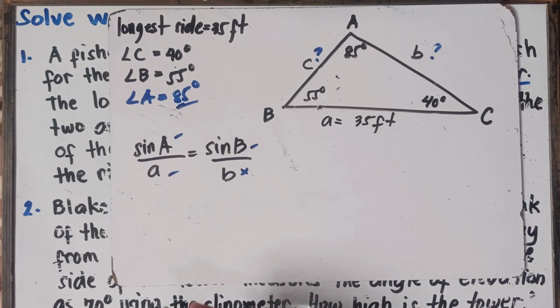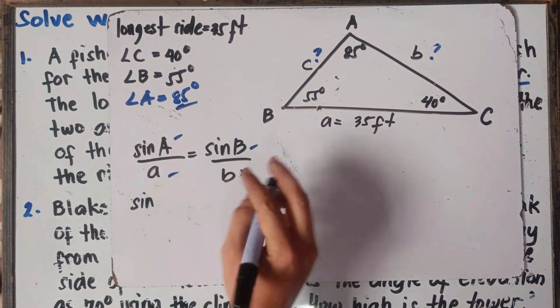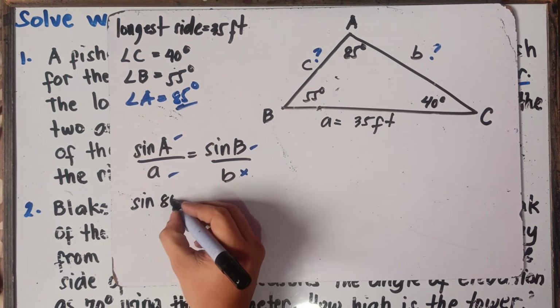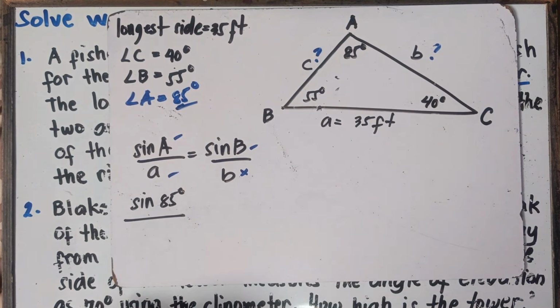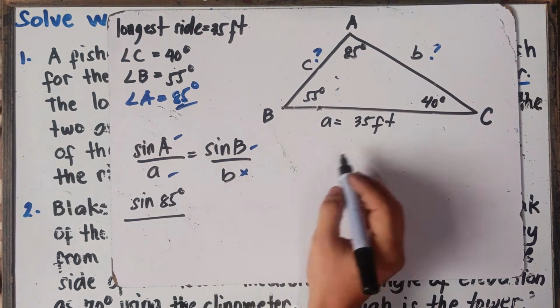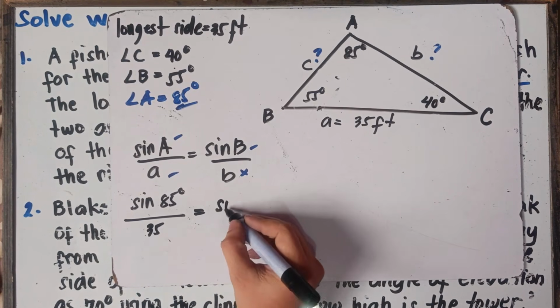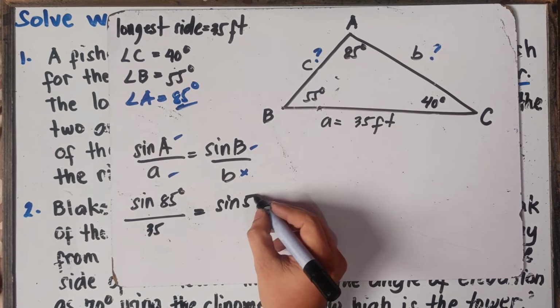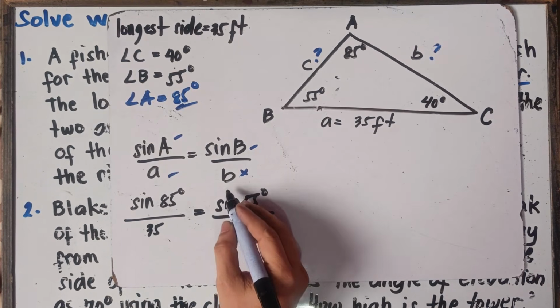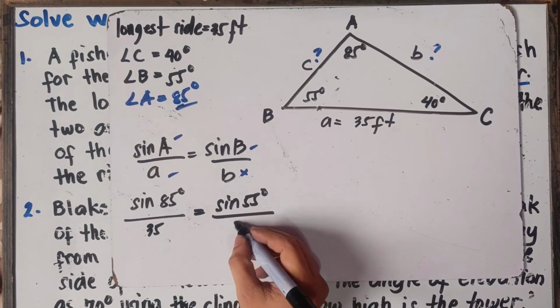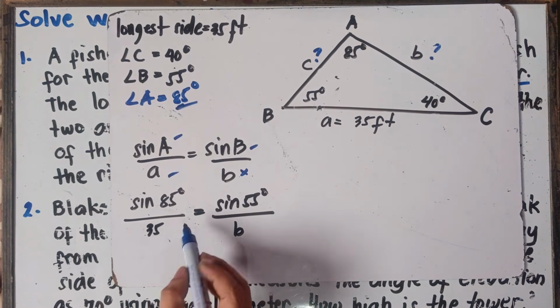Alright, so simply substitute. So this will be sine of angle A, 85 degrees, over a, side a, that would be 35 feet. Ignore the unit first. 35 is equal to sine of angle B, 55 degrees, over the value of b. We don't have the value of b. And then simply cross multiply.